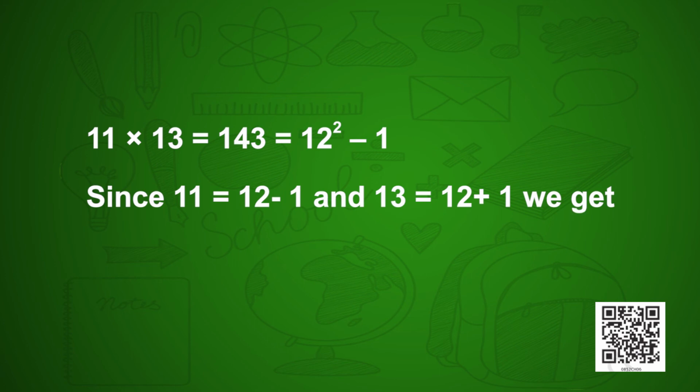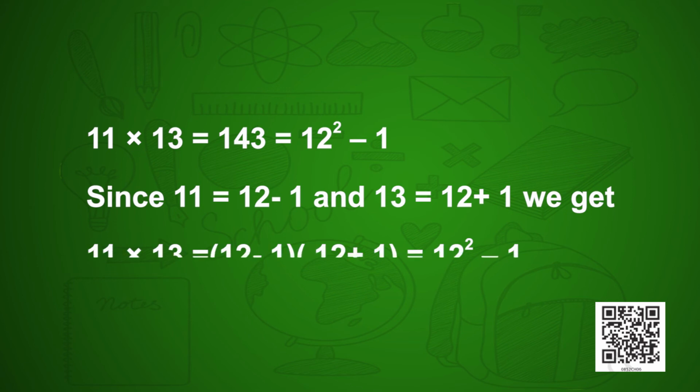Since we can write 11 is equal to 12 minus 1 and 13 is equal to 12 plus 1, we get 11 times 13 is equal to (12 minus 1) times (12 plus 1), which is equal to, here we can use the formula (a minus b) times (a plus b) is equal to a square minus b square.